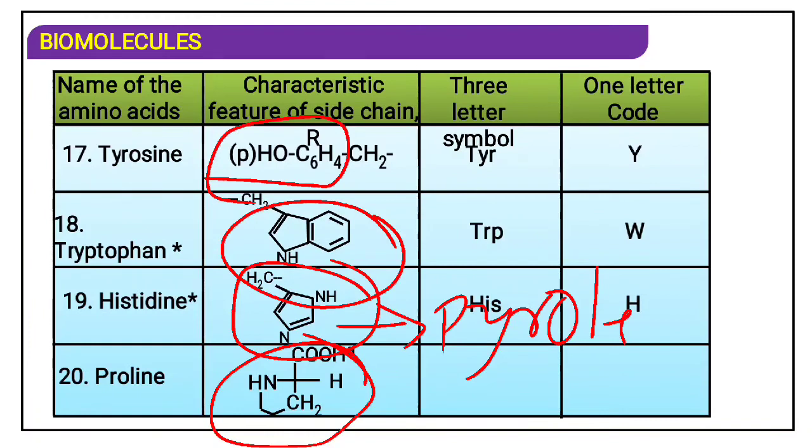So these are the different types of amino acids and their classification. Here we get which are essential amino acids and which are non-essential. Ten belong to the essential amino acids, ten belong to the non-essential amino acids. In the entire table, a star mark means essential amino acid, and where there is no star mark, it is a non-essential amino acid.